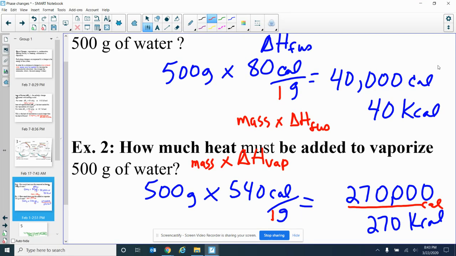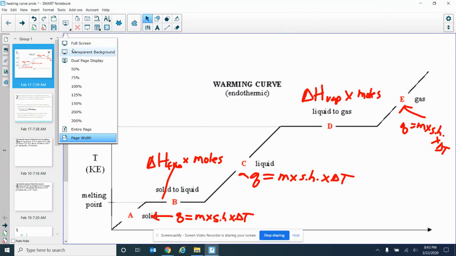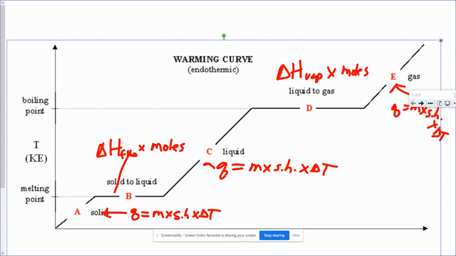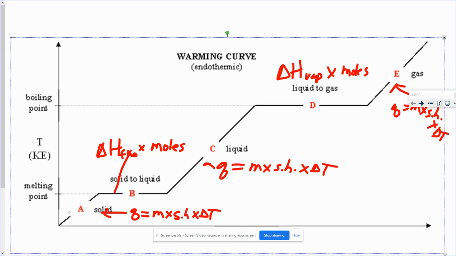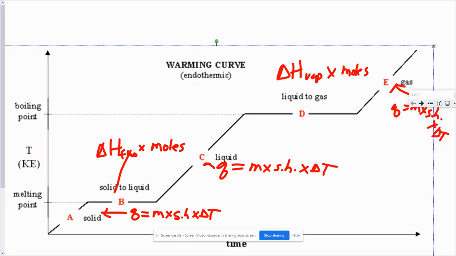Well, we're going to apply that to some curves, a warming curve, also known as a heating curve, versus a cooling curve. So we talked about this before: when you have a solid, it will start at a certain temperature, and then you're going to heat until it reaches the melting point.